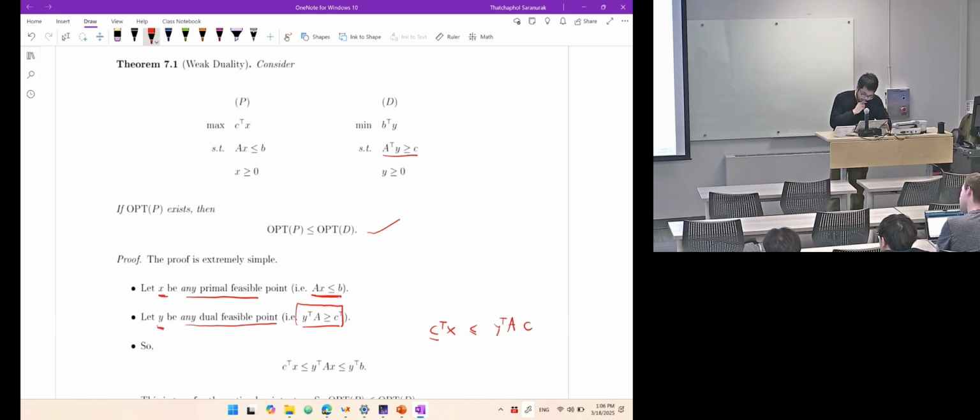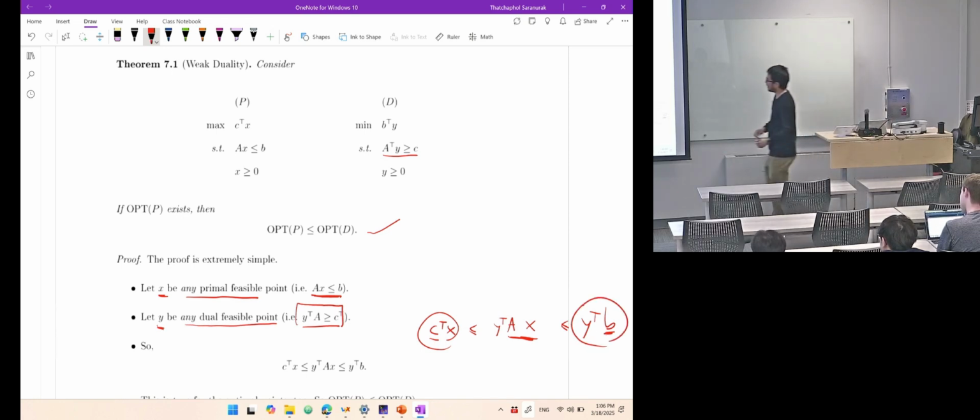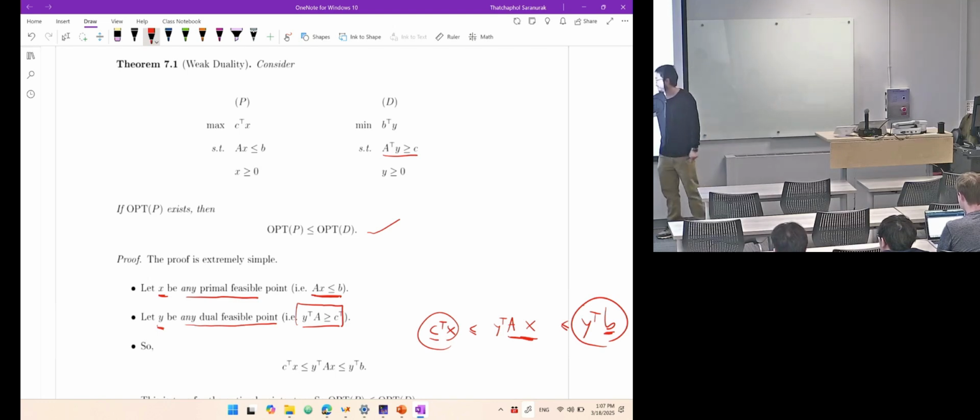But sorry, x. But Ax here is at most b. So this is y b. This is the primal objective. This is the dual objective. So the dual objective is always at least the primal objective. This is true for any point.